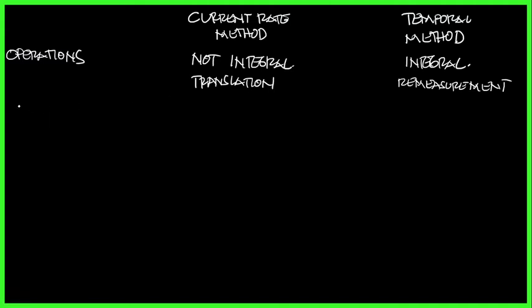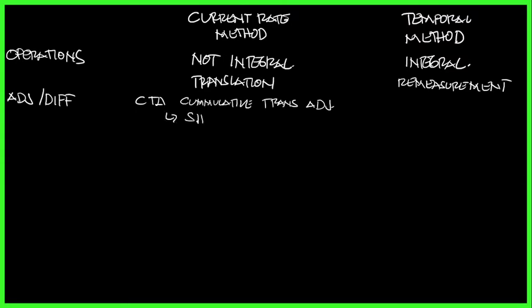Now, let's talk about the adjustment. The adjustment or the difference under the current rate method is treated as a cumulative translation adjustment, also known as CTA. This will be shown in the stockholders' equity section as part of accumulated other comprehensive income.